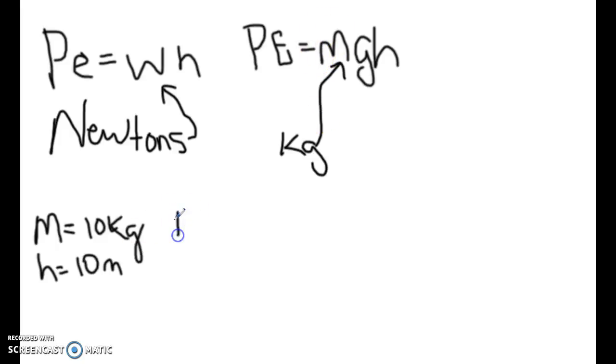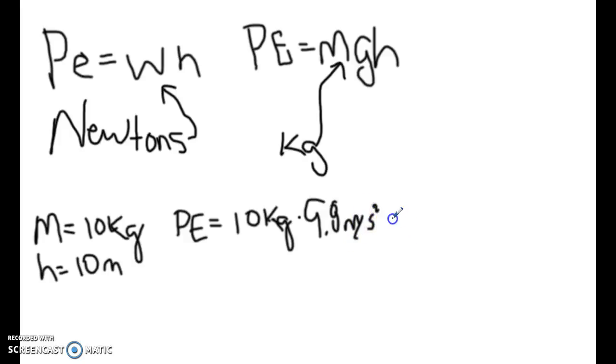So we're going to do PE equals 10 kilograms times gravity, which is always 9.8 meters per second squared, times your height, which is 10 meters.